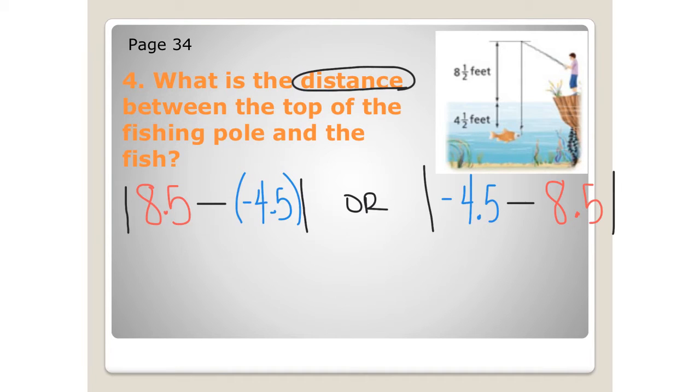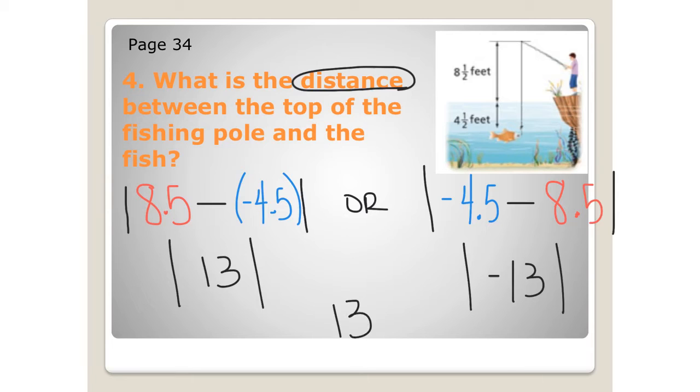Let's answer the problems. 8.5 minus -4.5 will give us the absolute value of 13. The other expression, when we work it, -4.5 minus 8.5 gives us the absolute value of -13. If we find the absolute value of each of these, the answer is 13.